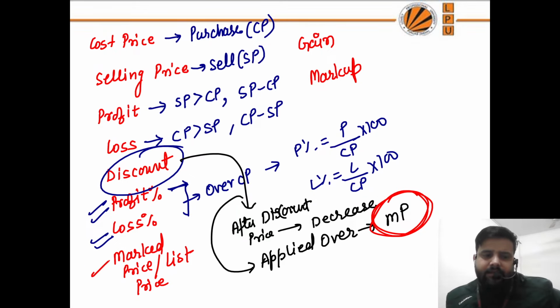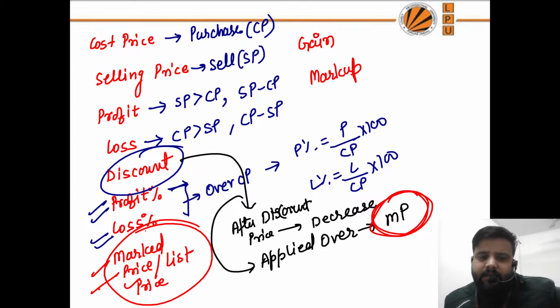Mark price is also termed as list price sometimes. So mark price is whatever is written on that product. And when you apply discount over mark price, you will see here: when you have, let's say, a marked price and you are applying discount, after applying discount, what do you get?